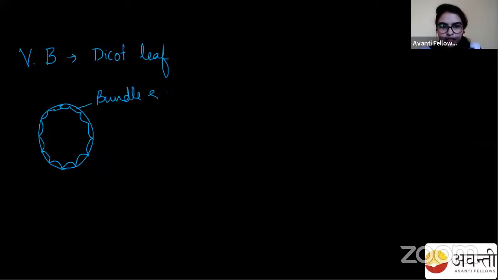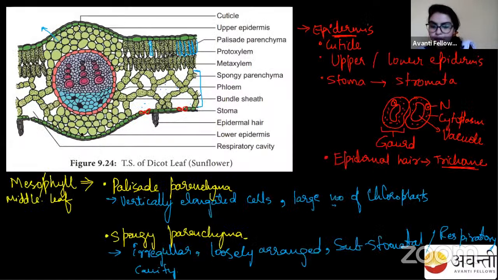After that, towards the upper epidermis, we are going to find the xylem. On the side of the upper epidermis we get xylem, look. So xylem is towards upper, and that too, sorry, protoxylem is like this.